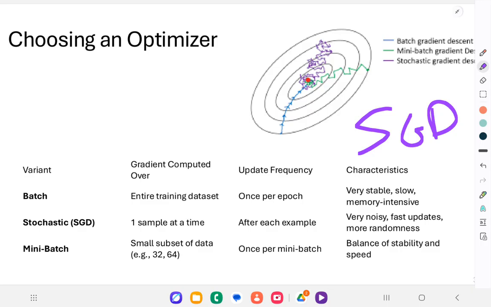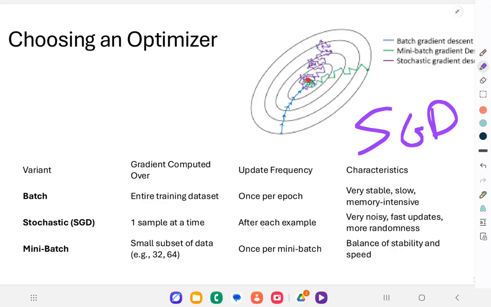There are actually three main variants of gradient descent: the batch, the stochastic, and the mini batch gradient descent. In batch gradient descent, we compute the gradient using the entire training data before taking one single step. This makes the gradient direction very accurate, but it's also slow and requires a lot of memory, especially for large data sets.